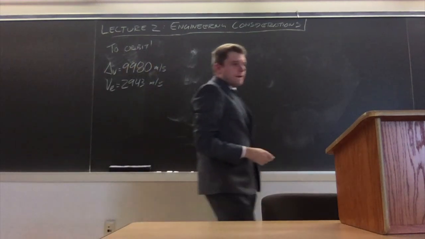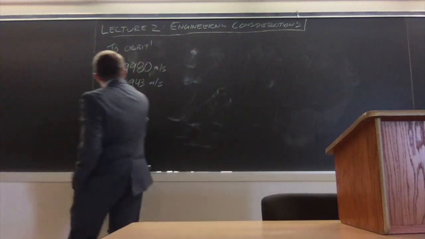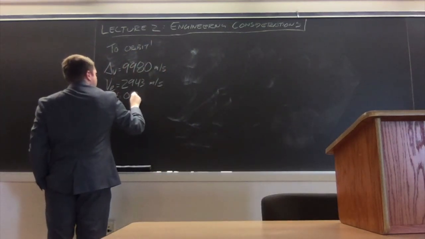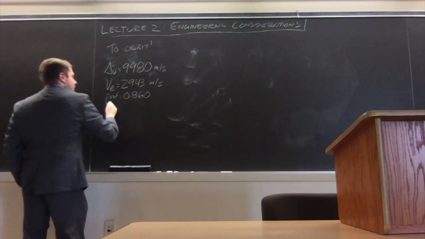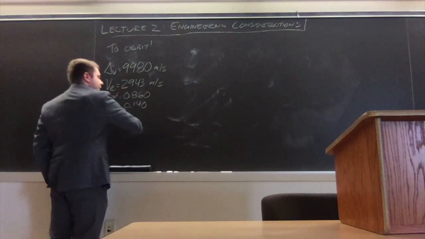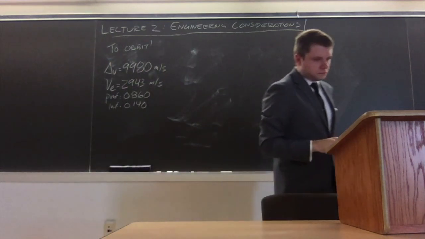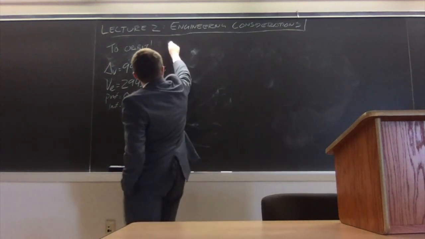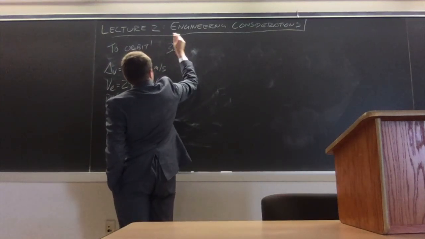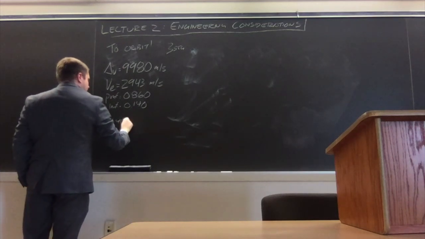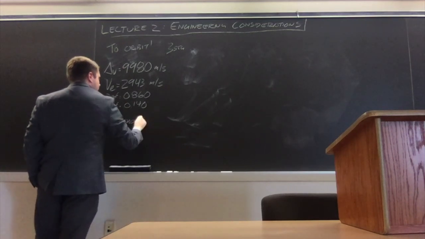We have a propellant mass fraction of 0.6, and an inert mass fraction of 0.140. And we are shooting for 3 stages. And we have a starting payload of 20 kilograms.